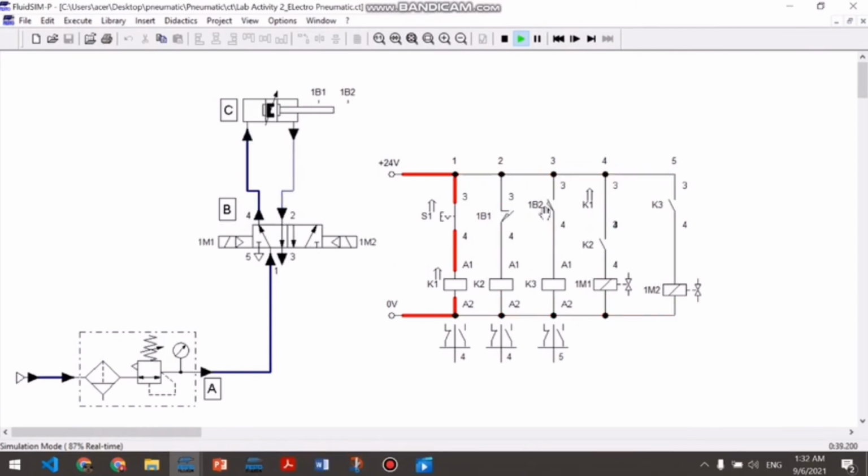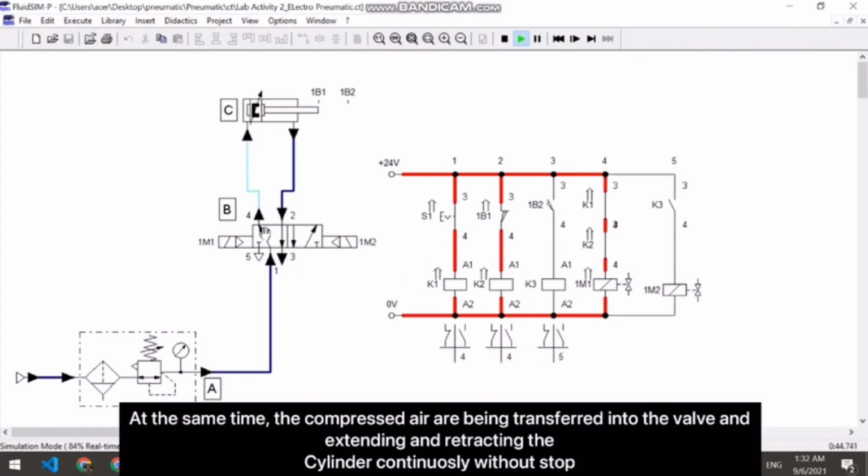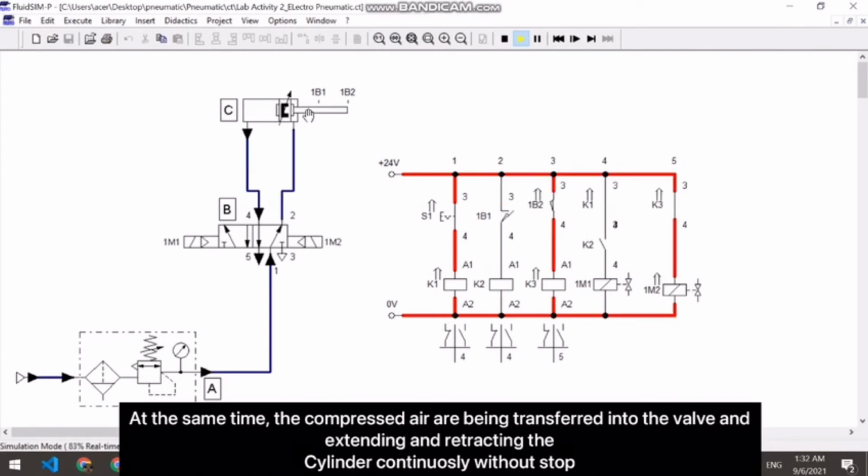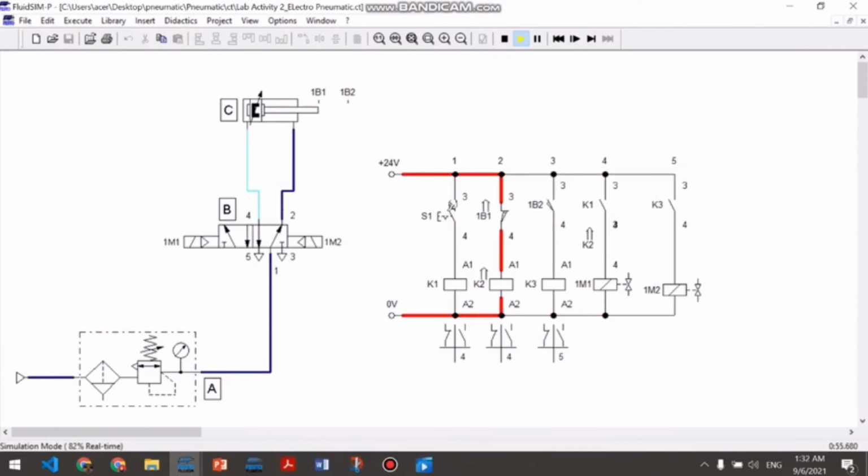At the same time, in the pneumatic diagram, the compressed air is being transferred into the valve, extending and retracting the cylinder continuously without stop. To stop the circuit, we need to depress S1. So that's it for lab activity 2.